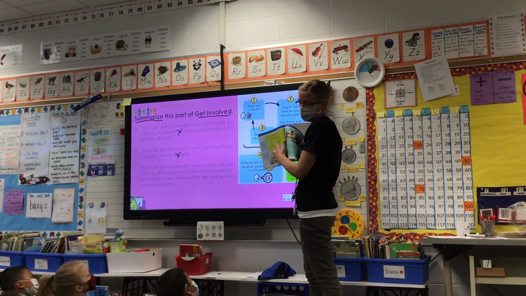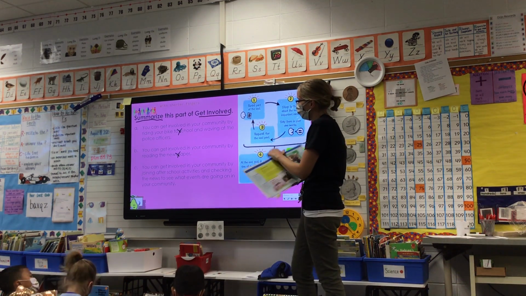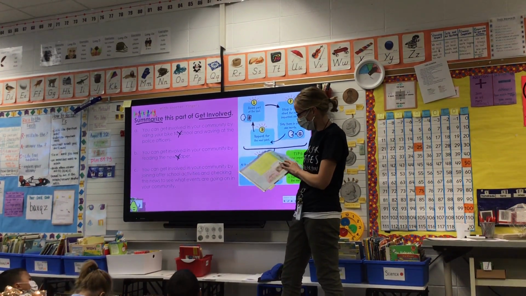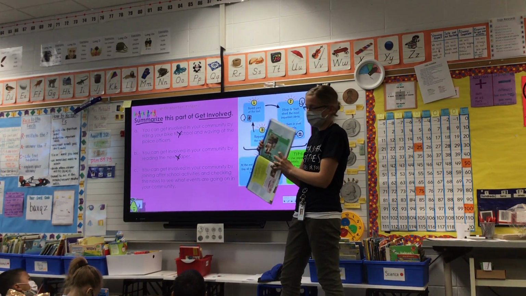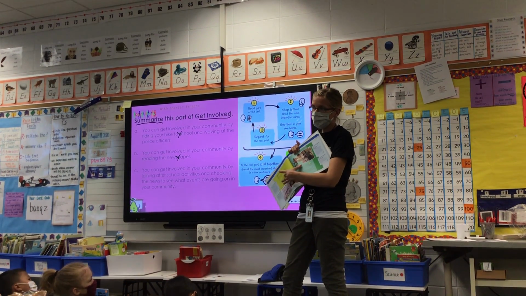Right here. On the green part. Then it says checking the news to see what's going on in our community. Where does it talk about that? We can point to both of those, right?